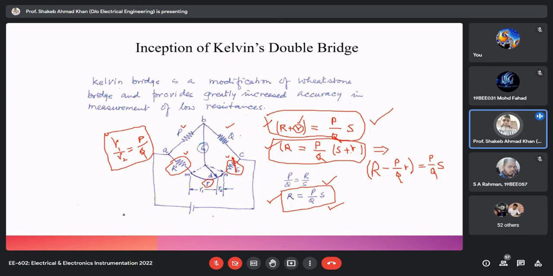Okay, so now I'll show you the practical implementation. If anybody has any query regarding this modification or this concept that I had discussed, you can ask, please. Anyway, I'm taking the attendance. You try to absorb whatever I explained about the inception of Kelvin's double bridge or the modification in the Wheatstone bridge.